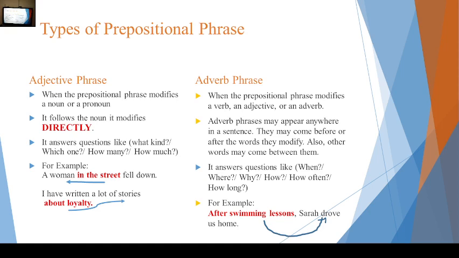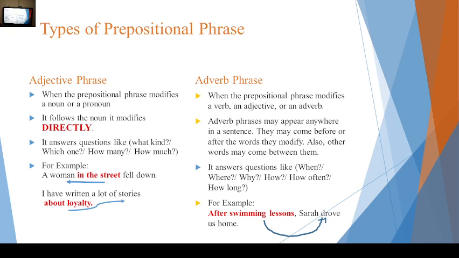Let's see. It follows a noun, which is woman. See, it follows the noun directly. So here we can know. And which woman? The woman in the street. So it follows the noun directly and it answers the question, which one or which woman, right? So here we can say that this is an adjective phrase.